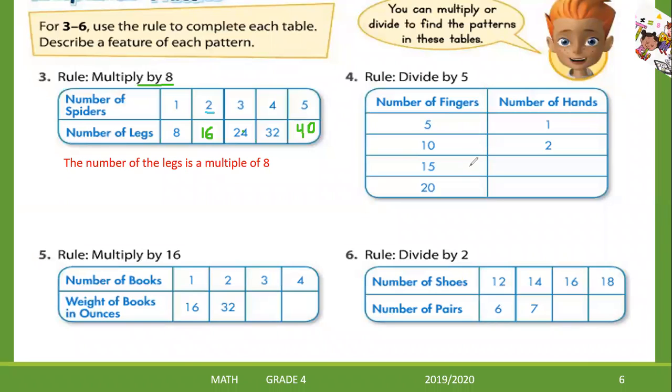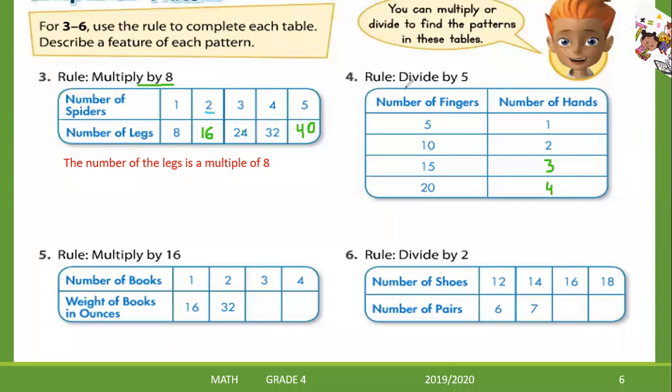What about completing the table by following the same rule, dividing by 5? 15 divided by 5 will be 3. And 20 divided by 5 will be, of course, 4. Now I want to describe a feature of this pattern.